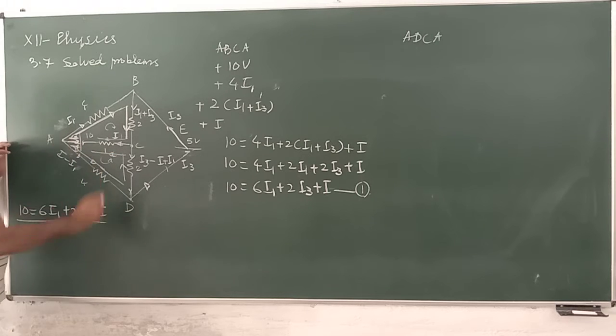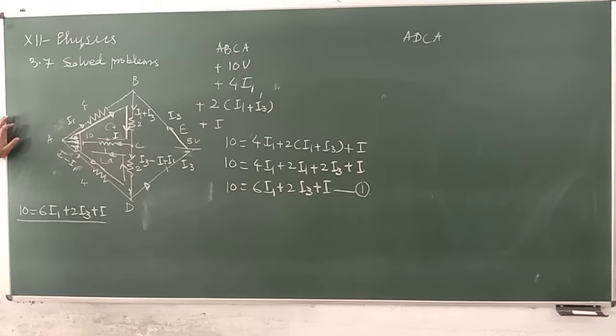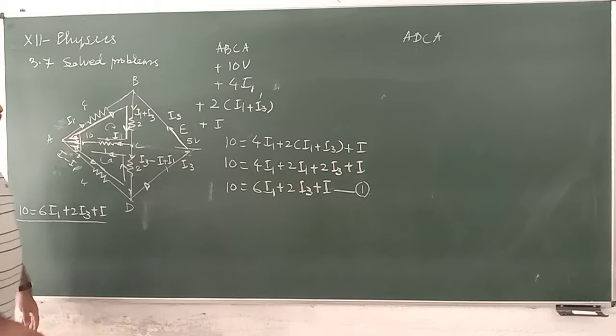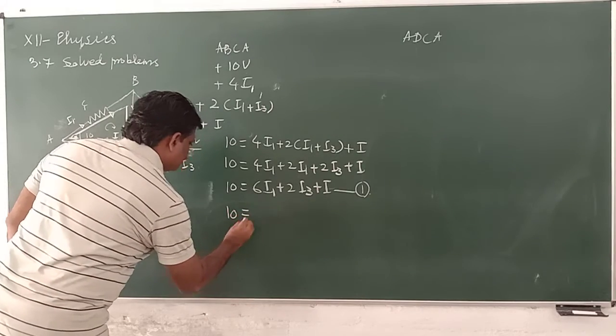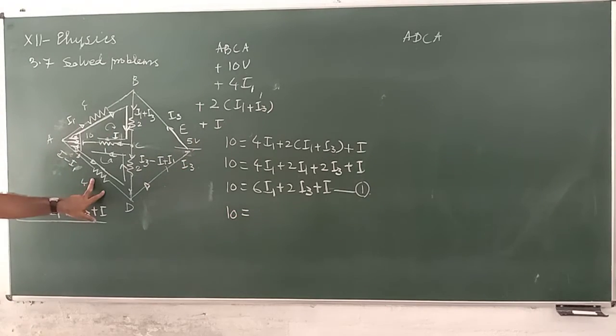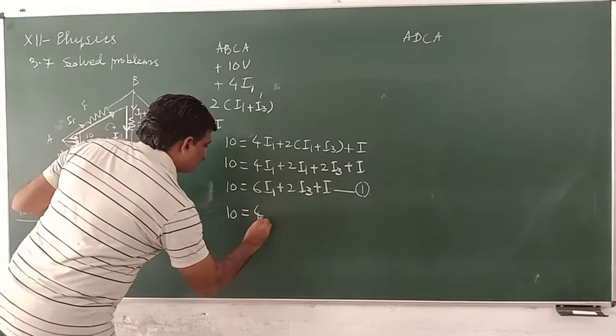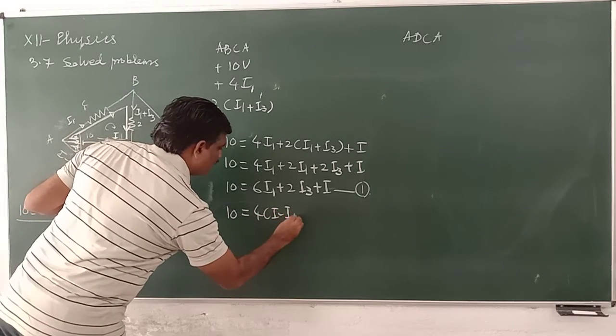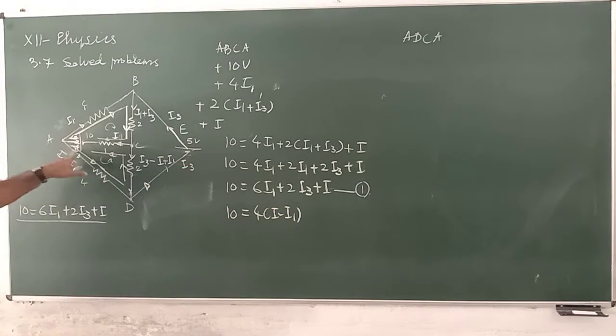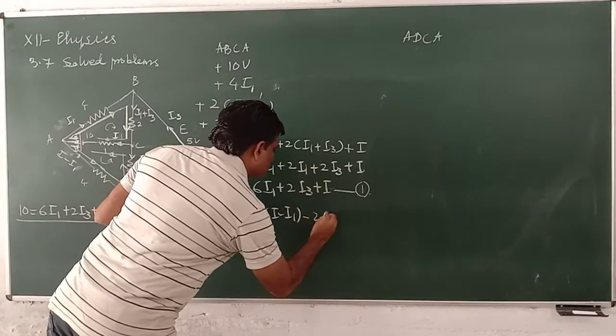I am taking it in the anti-clockwise direction. In this complete loop, there is only one source. It is sending current in the direction of the traced loop. Therefore, that remains 10. Therefore, it becomes plus 4 into I minus I1. The product of these two: the current is coming here and the traced loop direction is up. So negative. Minus 2.